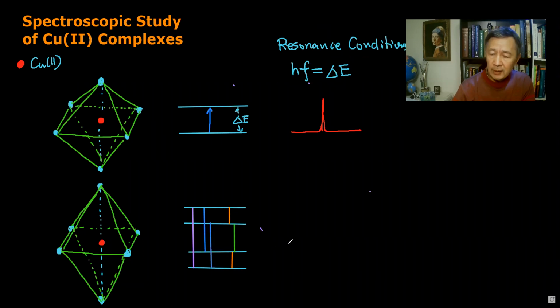The one with the highest frequency will be the purple transition, followed by the 2 blue transitions, and then the green transition and the 2 orange transitions here.